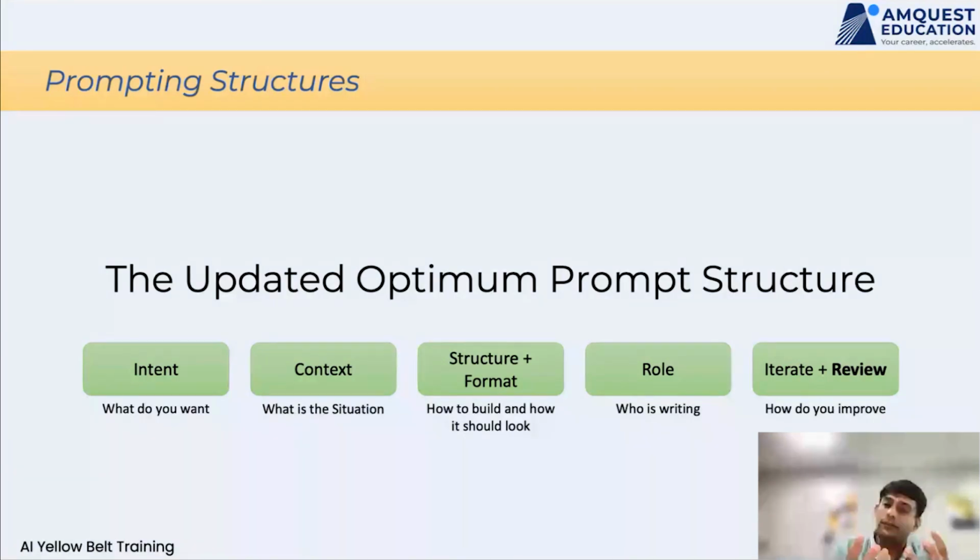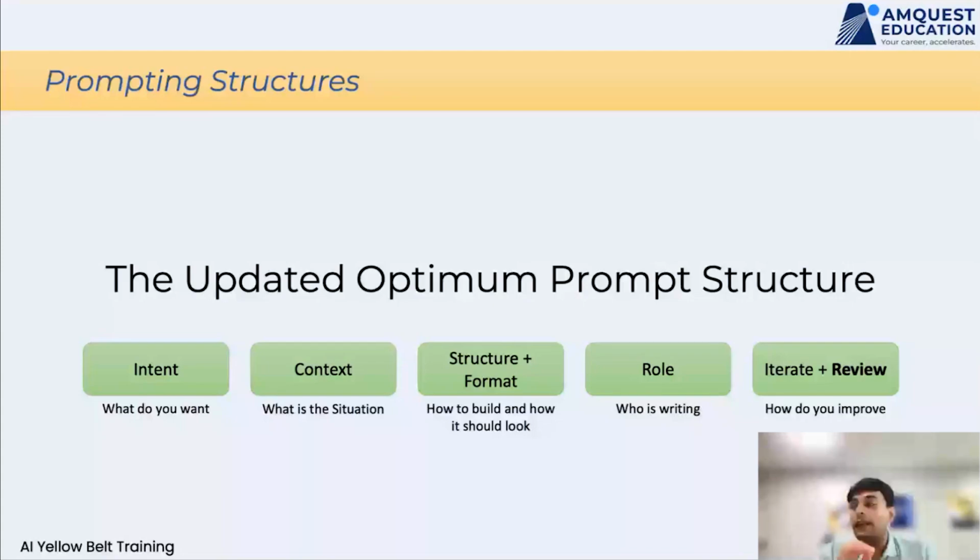Role is who is writing it. Iterate is to, point by point or in multiple phases, fine tune the output, and review is to have it looked at by somebody else's eyes. Maybe a CEO, maybe your colleague, maybe a junior, maybe a senior, whoever is relevant in that situation.